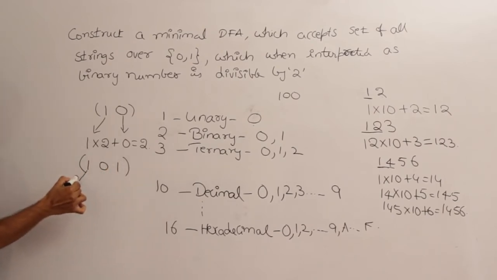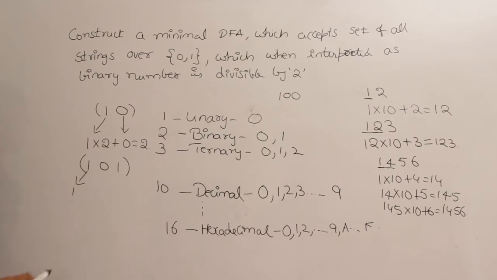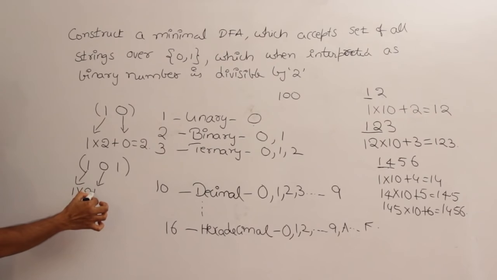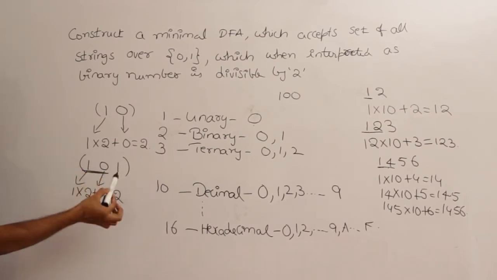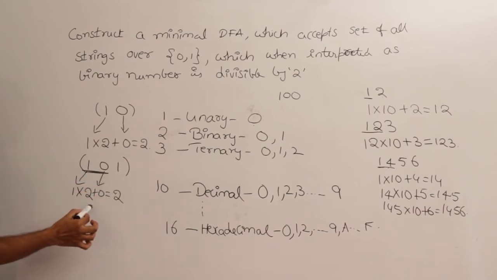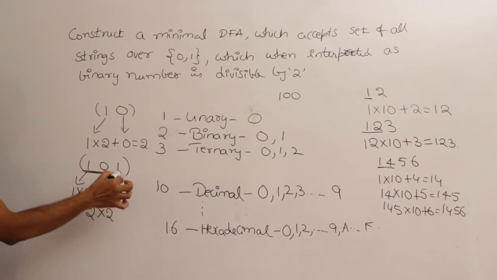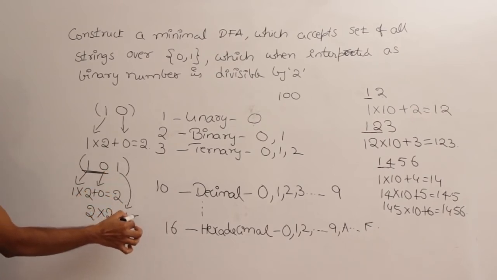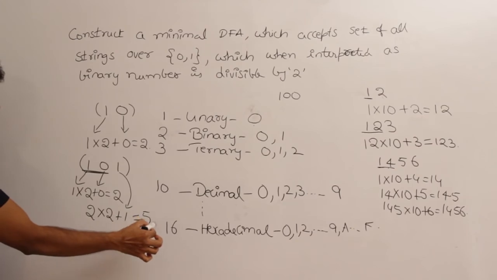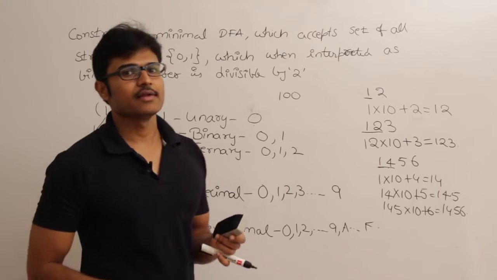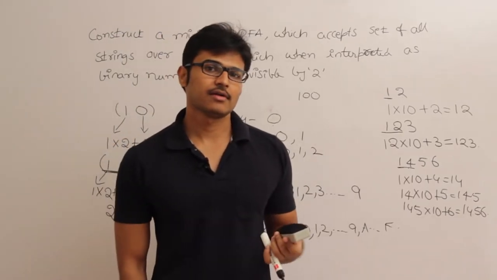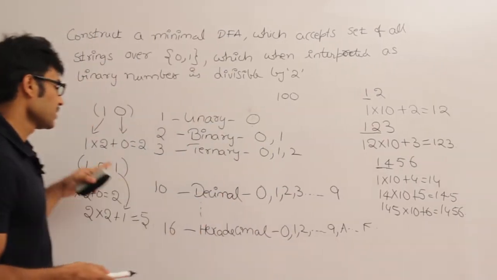Now you take the first one, 1, multiply with 2 and you add 0. This is going to be 2, which means these first 2 digits are going to be 2. Now you take this 2 and you multiply with base and you add this one. So it is going to be 5. Understood this? Which is nothing but, if I concatenate any number to the right of a number, then I can form the entire number using this method.